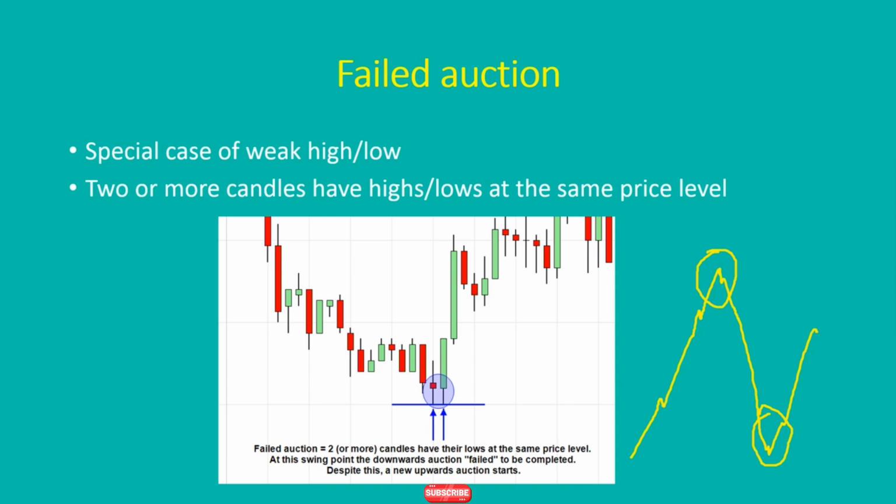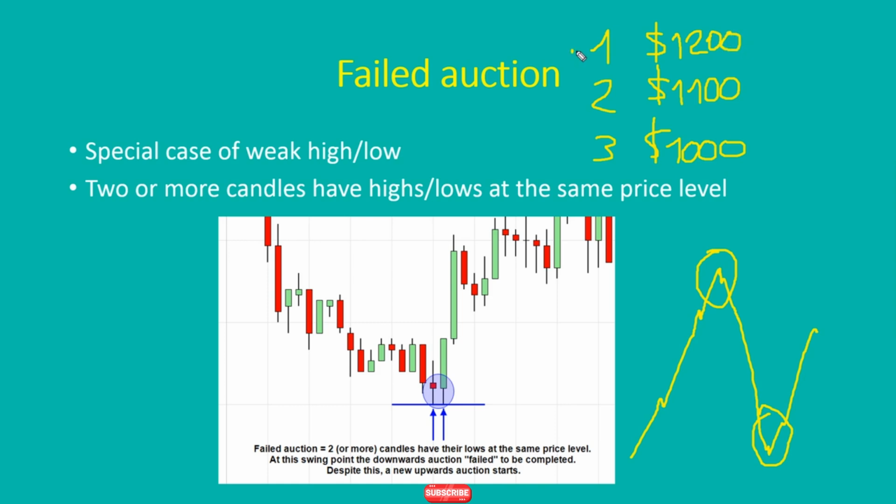wins the painting, alright? So let's say that you have 3 bidders who are willing to pay $1,000 for the painting. Then there are 2 bidders willing to pay $1,100 for the painting. And then there is the one who actually wins the painting and he's willing to pay $1,200.